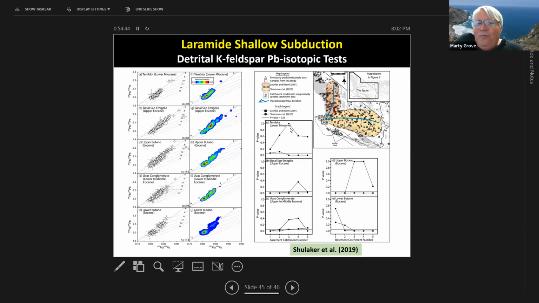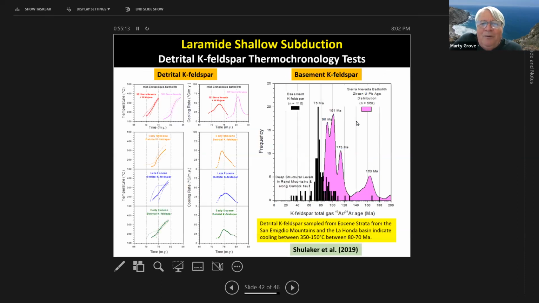And the best fits that we get to our lead isotope data basically have material being derived from as far east as the eastern Mojave region, approaching the southeastern California area. So what we've demonstrated with this is that these K feldspars are exactly the same K feldspars that we use to do these calculations with here.